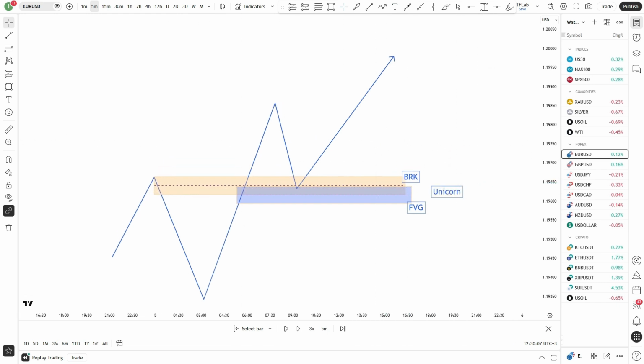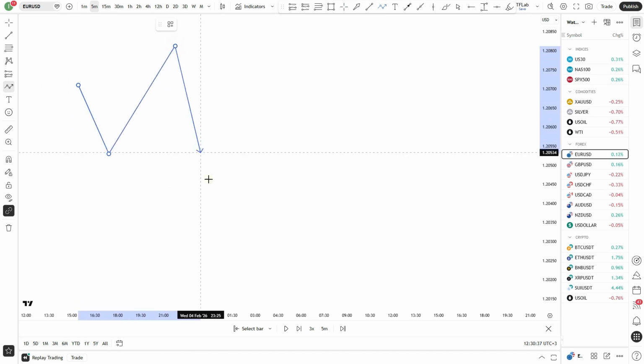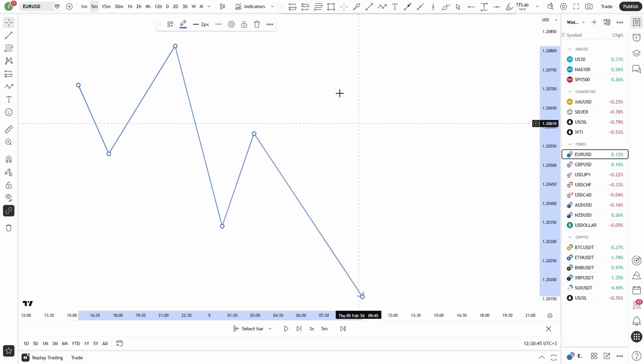Now, this is how it looks in the bullish example. Let me draw the bearish example for you as well, so you know how it can be. In the bearish model too, there are structures like low, higher high, and lower low. It came into my breaker zone, and with this move, it died.